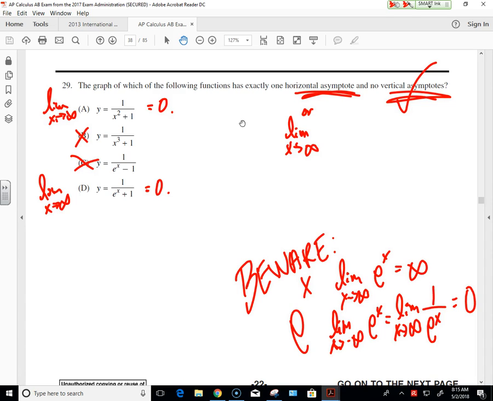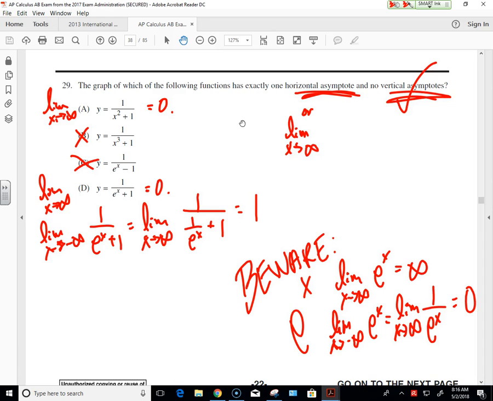Wait, exponentials behave differently. We also have to check the limit as x goes to negative infinity, because negative infinity would be the same as going to positive infinity when flipping the exponential. Now what's this going towards? 0, and 1 over 1.